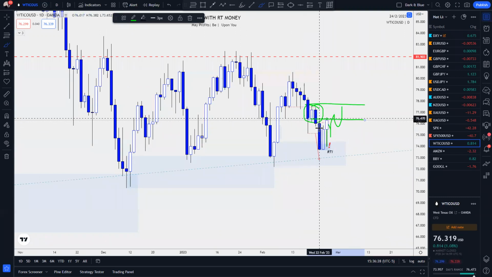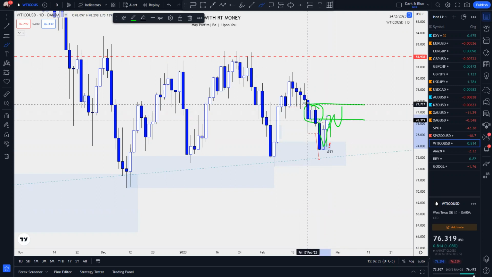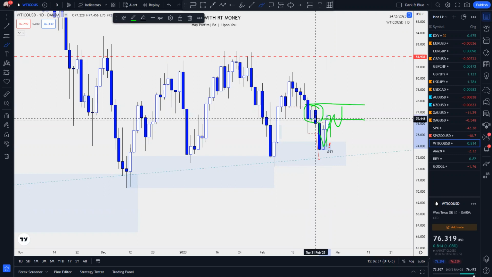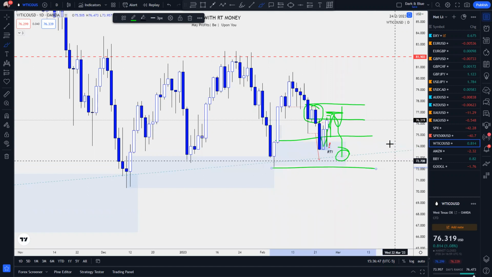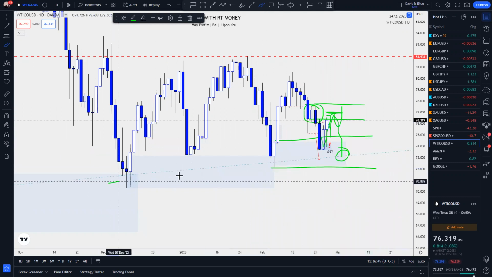Price pulled down, trade back into it. It's mitigating this area, this bearish, bullish, bearish candlestick pattern. All right, and hopefully we'll get that mitigation to this demand zone and at this trend line.